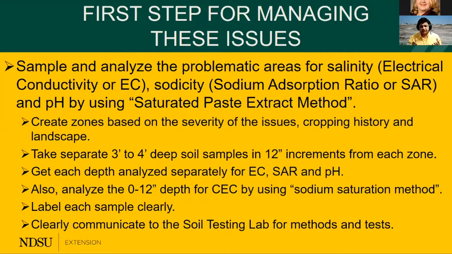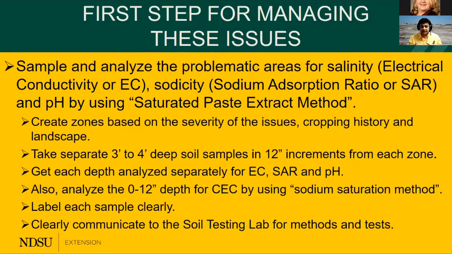Why do we want to go 3-4 feet deep instead of 0 to 6, 6 to 24? Because most of the plant nutrients are in the upper 6 inches. That's not the case with salts and the sodium or the magnesium. And then we want to get each depth analyzed separately for these tests. We don't need amendments for salts, we only need them if we have higher sodium levels compared to calcium, which will lead to sodicity, or higher magnesium levels compared to calcium.